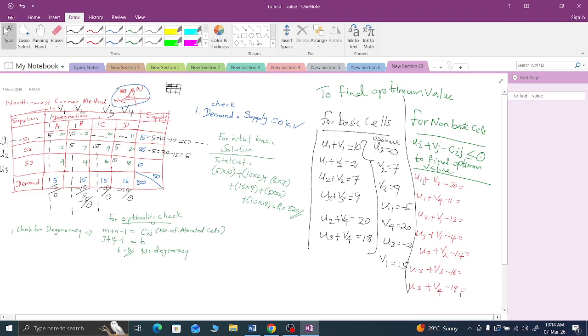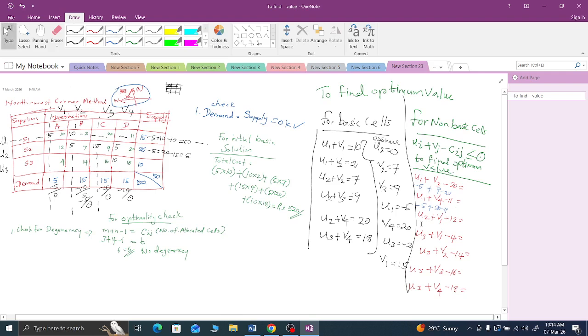u1 plus v3: u1 is minus 5, v3 is 9, minus 20. Here u1 is minus 5, v4 is 20, minus 11.